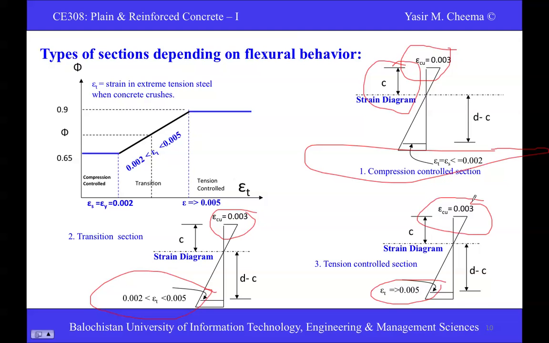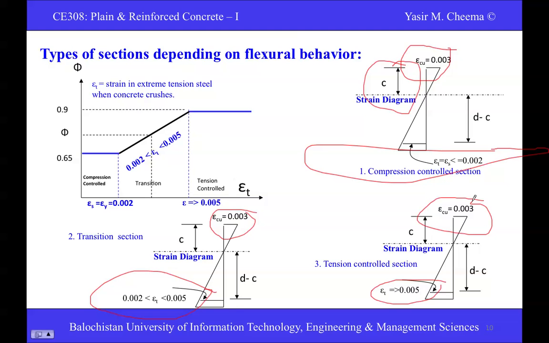The strain is constant in the compression area, but in the tension area, strain changes. So based on this, we are defining these three sections: transition control section, compression control section, and tension control section.